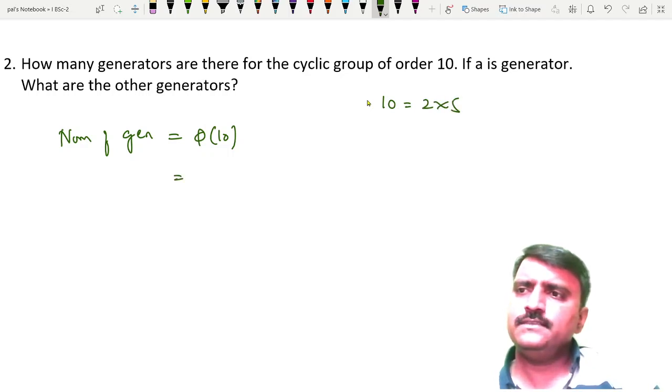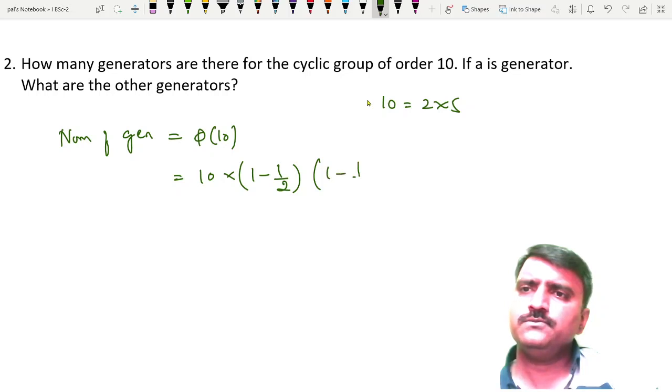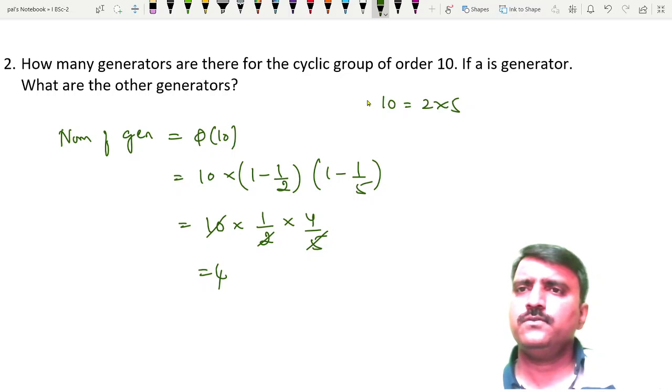Which is equal to 10 into 1 minus 1 by 2 into 1 minus 1 by 5, which is equal to 10 into 1 by 2 into 4 by 5. So 2 5s are 10, this 10 cancels with 10, giving 4.